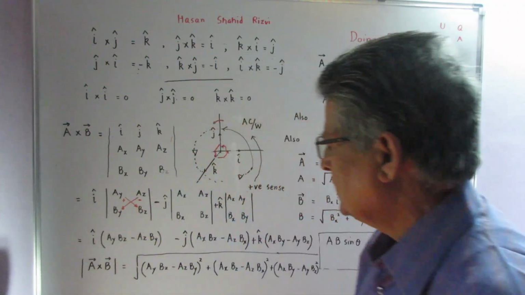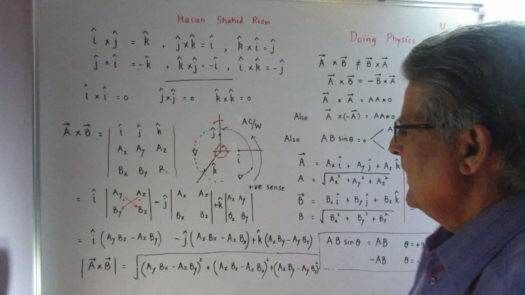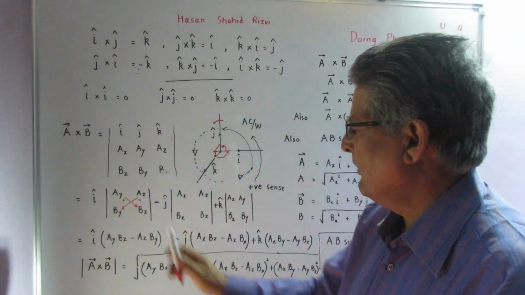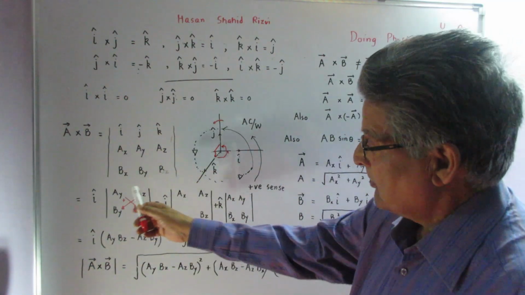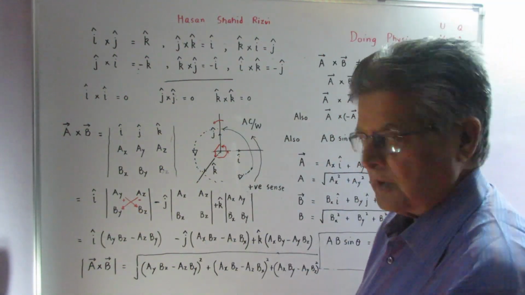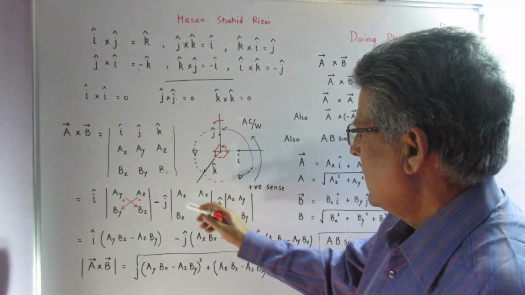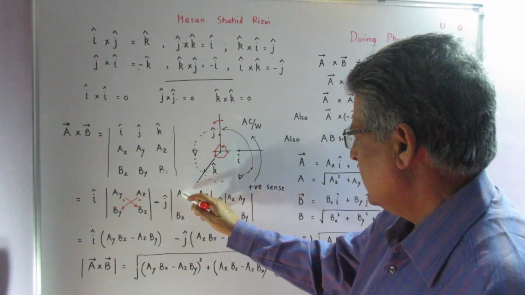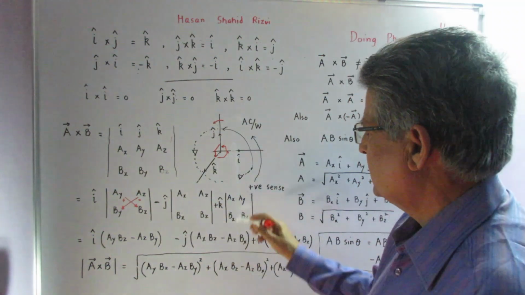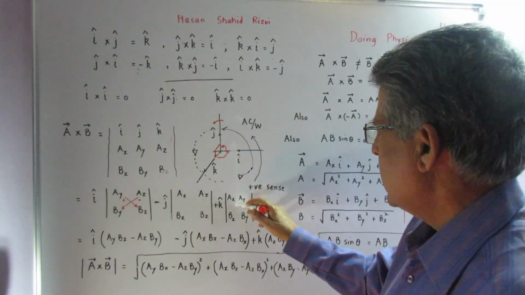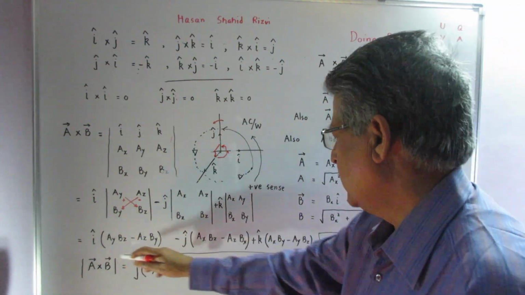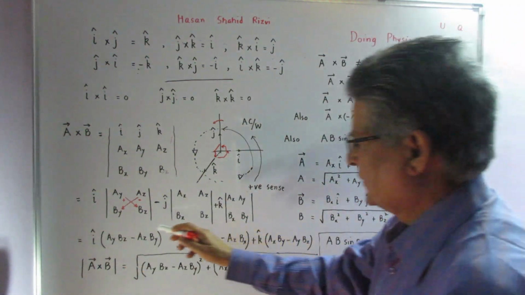We put them together and get ay bz minus az by. Remember, I am going in the ordered system, no disorder. Then in the next one, ax bz minus az bx, and k cap ax by minus ay bx, and I obtain it like this.